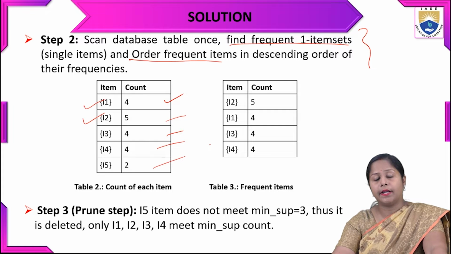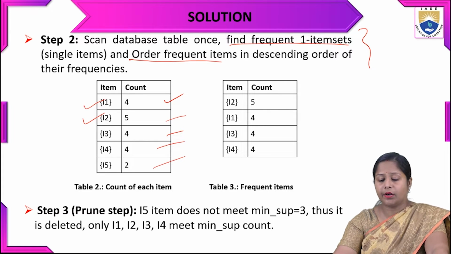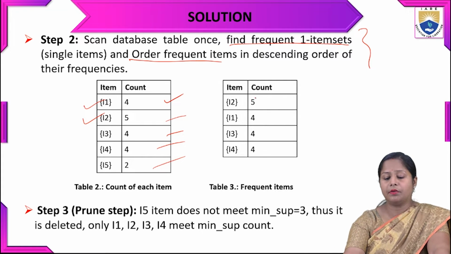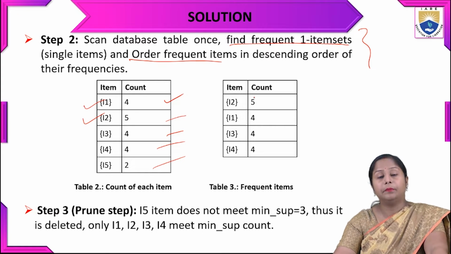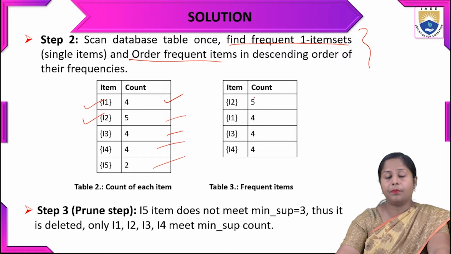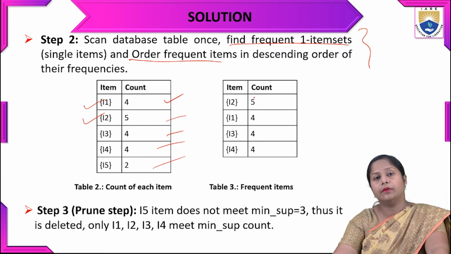Now we will order it in descending order. So the maximum support count will be first, and like that we have to order. And the minimum support will be discarded also, because we have set the minimum support as 50%.